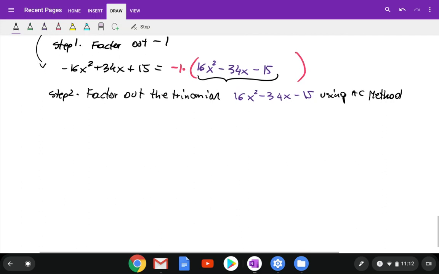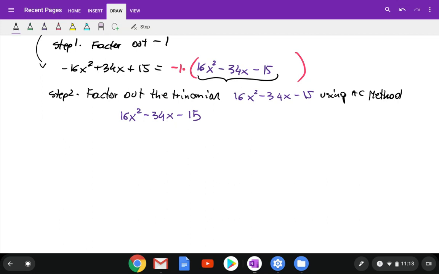Okay, so 16x squared minus 34x minus 15. It's positive. Okay.